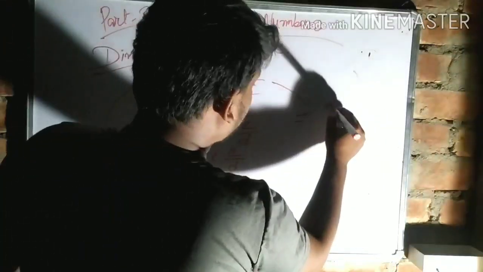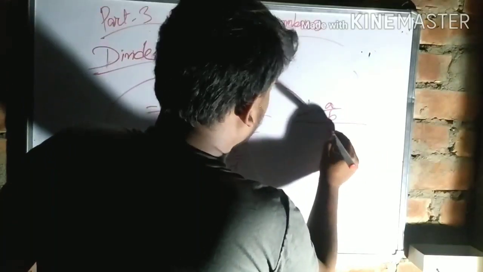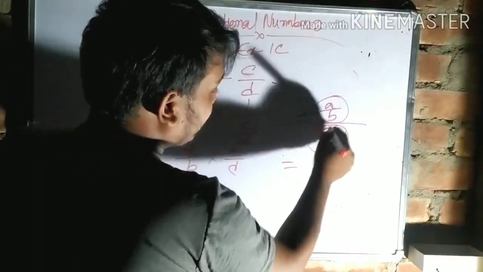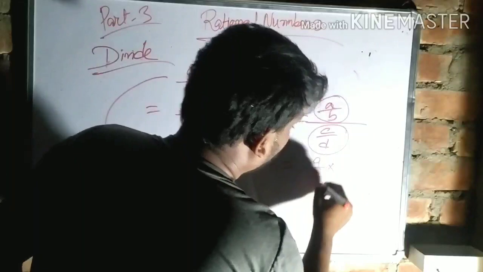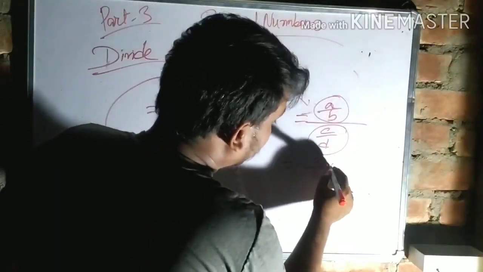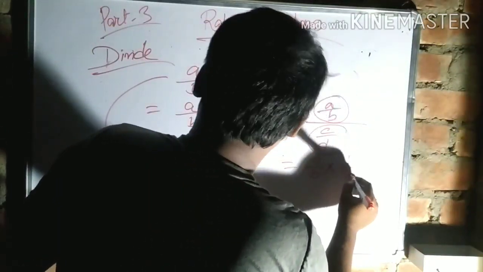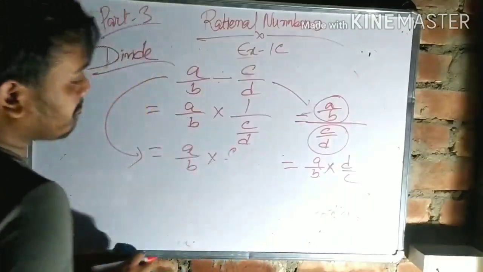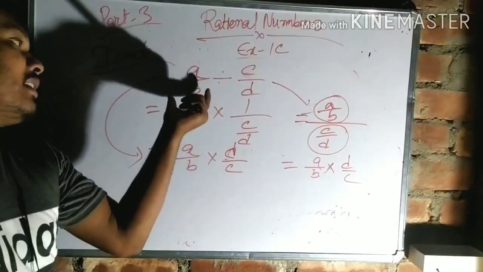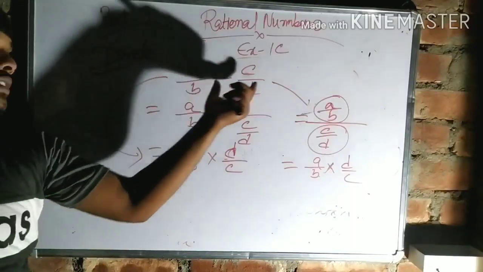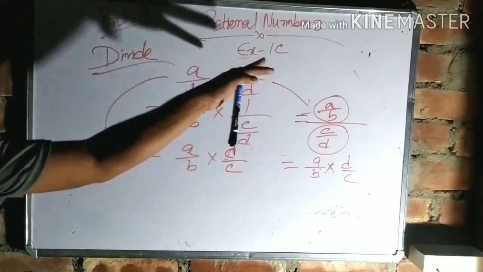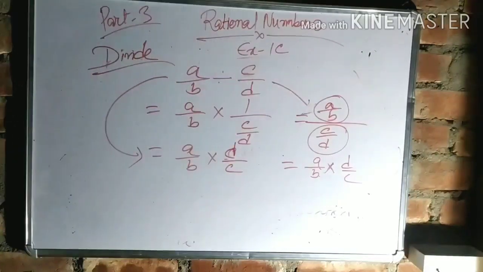A by B divided by C by D. In fractions we know that if we divide by a fractional value, the first value remains the same and for the second value we change its numerator and denominator, so it becomes multiplied by D by C. Here I wrote it wrong, D by C. So for two rational numbers, the first value does not change, and for the second value we change the sign into multiplication and write the reciprocal of this value.